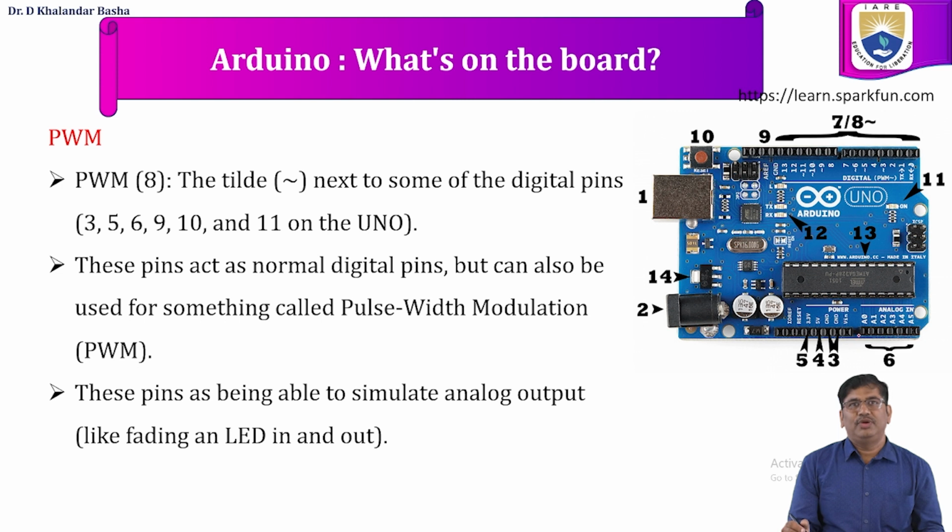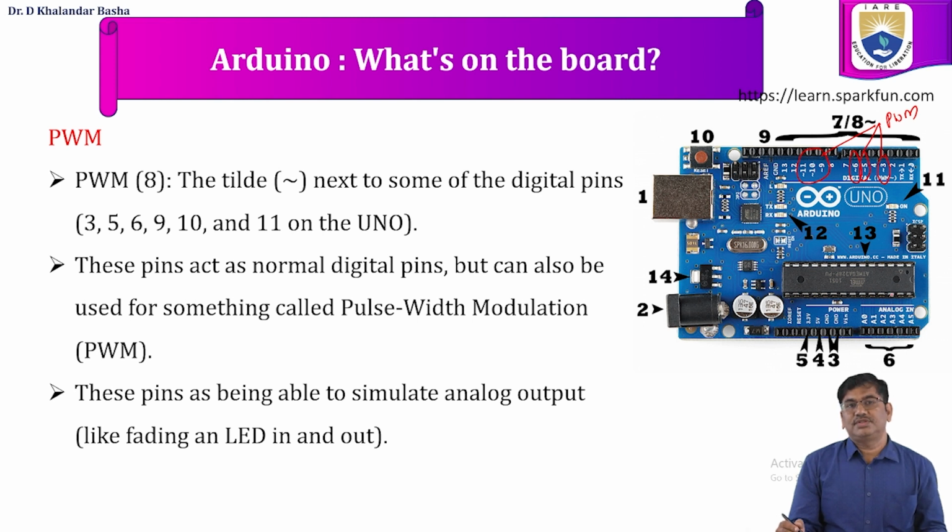Next, PWM, that is pulse width modulation. Here the DIO pin 3, pin 5, pin 6, pin 9, 10, 11 are used for PWM cases.